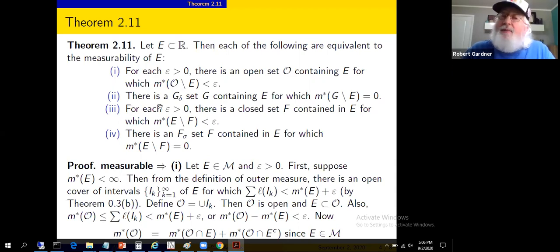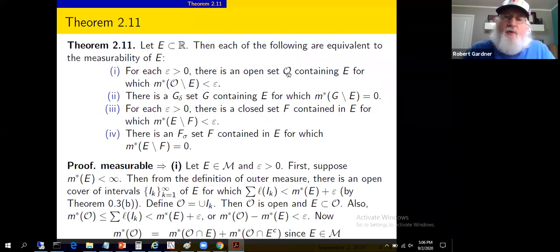Property 2, no epsilons, no open sets directly either, a G delta set. There's a G delta set G containing E for which this outer measure equals 0. So cover it with open sets, set difference can be made small. Cover it with an appropriate G delta set G, outer measure of that difference can be made 0.